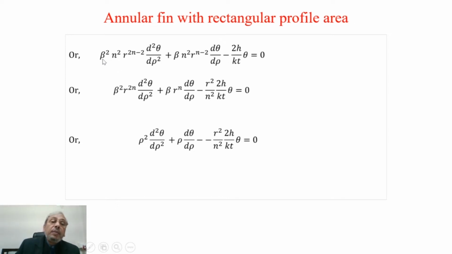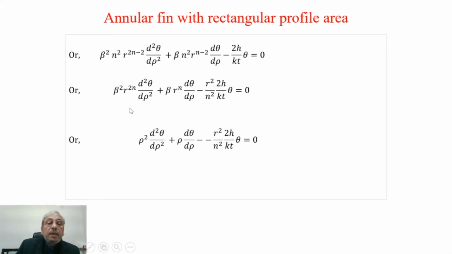arrangement. Beta square n square r power twice n minus 2 d2 theta d rho 2 plus beta n square r power n minus 2 d theta d rho minus twice h by kt into theta equal to 0.